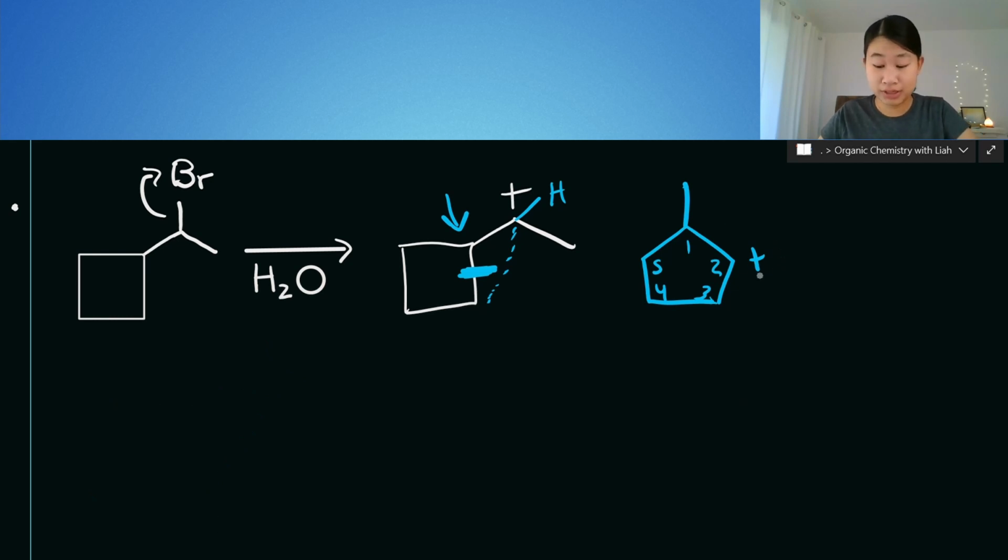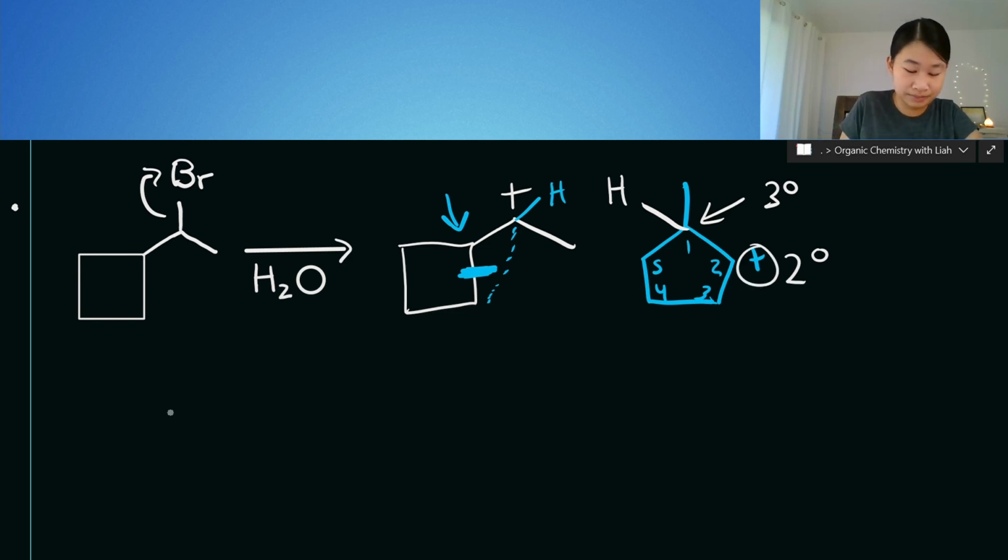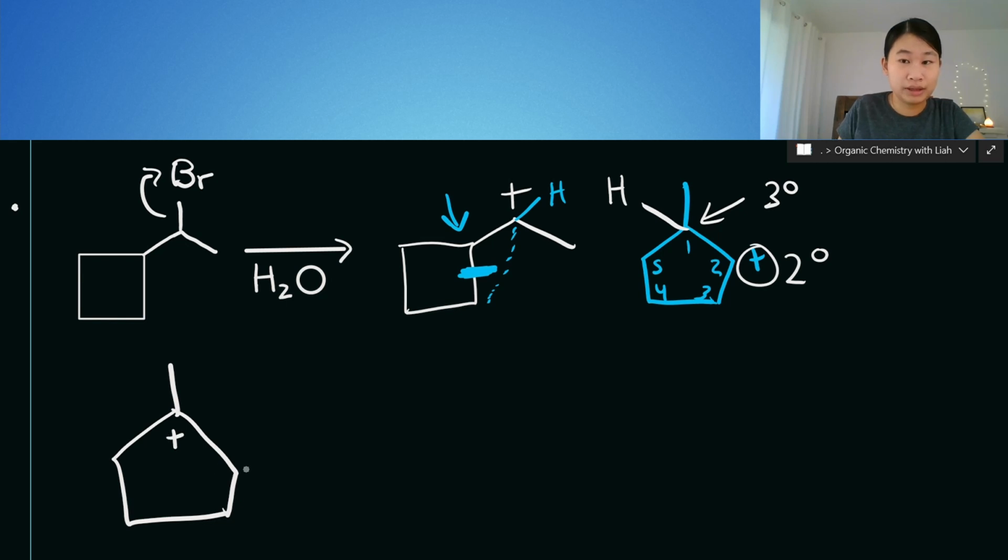So after this, you're going to take a look at this molecule and ask yourself whether this carbocation can be even more stable. So right now it's secondary, but we have a tertiary location possible. So what we're going to do is a hydride shift. Again, the hydrogen and the positive charge are going to switch places. Therefore, we have a positive charge here now, and a hydrogen here.